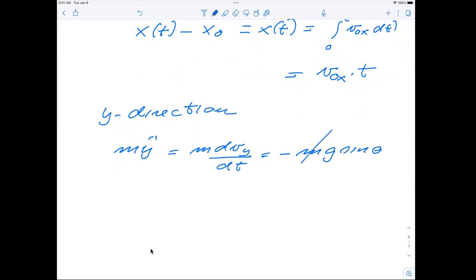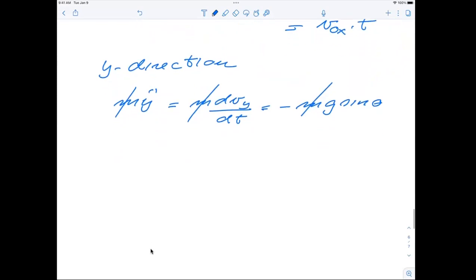And then we just divide by m here. We don't need that. And then we can integrate up again. So what we would get then is that dvy is simply equal to minus g times sine theta.